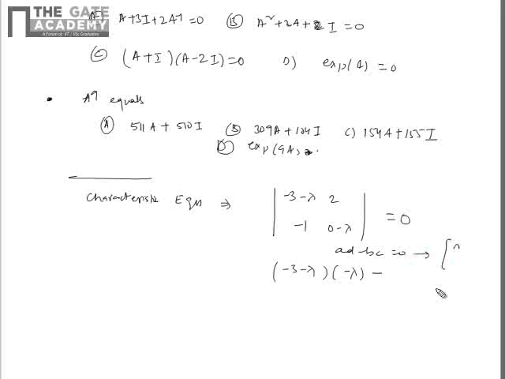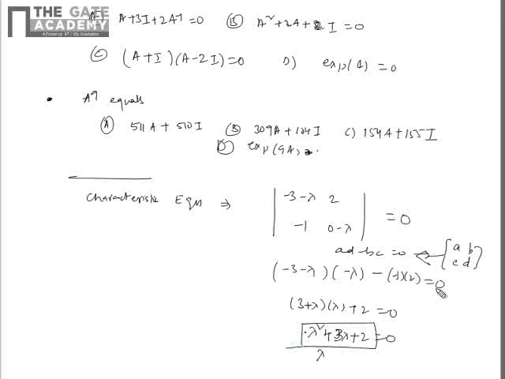For a matrix A, B, C, D, the determinant being 0 means AD minus BC is equal to 0. So this is minus 2 times minus 1, that is plus 2, equal to 0. So this will come out to be lambda into (3 plus lambda) plus 2 is equal to 0, which means lambda square plus 3 lambda plus 2 is equal to 0. So this is your characteristic equation.